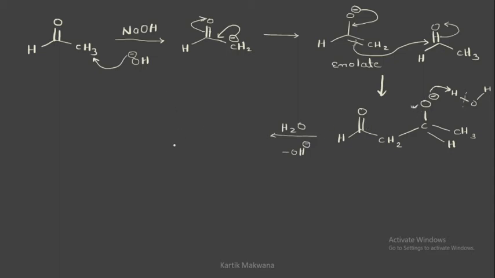So we will get H, C double bond O, here it is CH2 and here CH3, and the oxygen will get protonated, OH, right? Now see, here there are two hydrogens, right? So OH minus will take this hydrogen and a minus charge will be generated on this carbon, right?